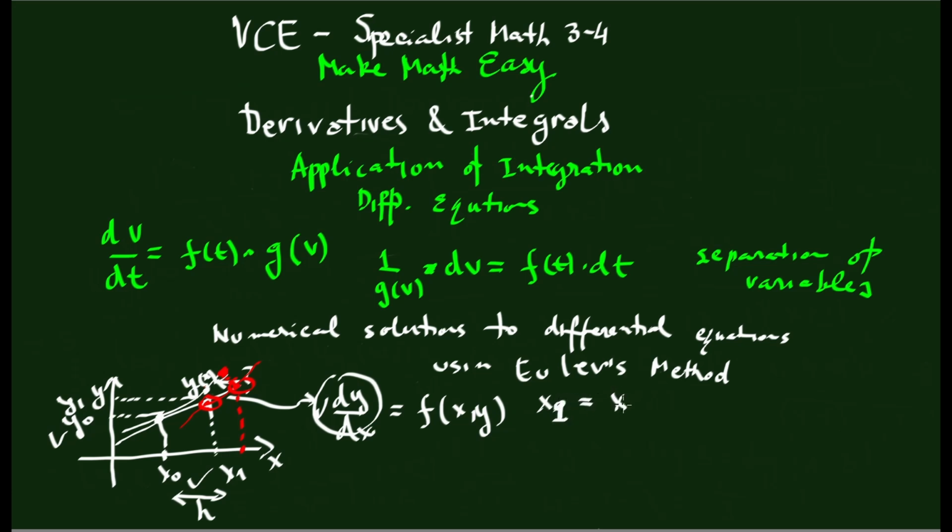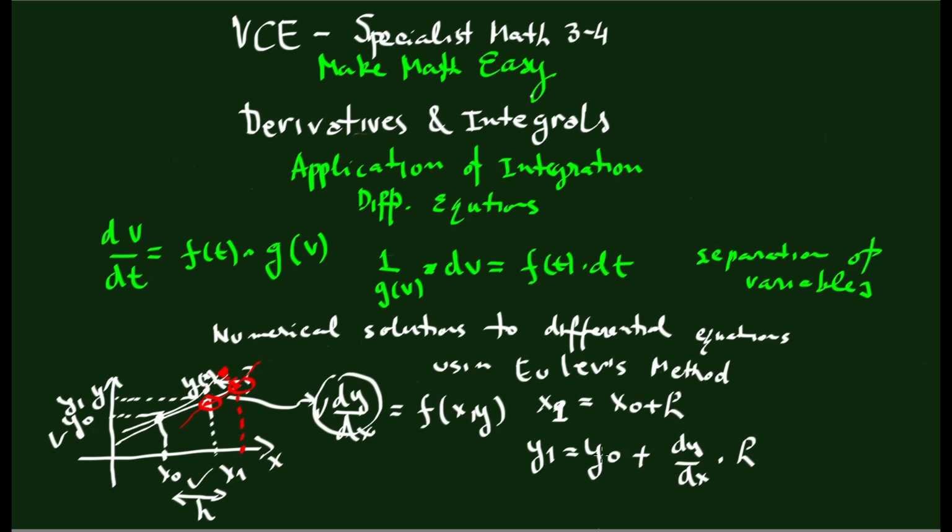Then we can get point x1, which is the same as x0 plus h, then we can get y1 knowing the differential here. That's the coefficient of the tangent line, right? So if you say that you do know this one, you can add dy by dx times h.